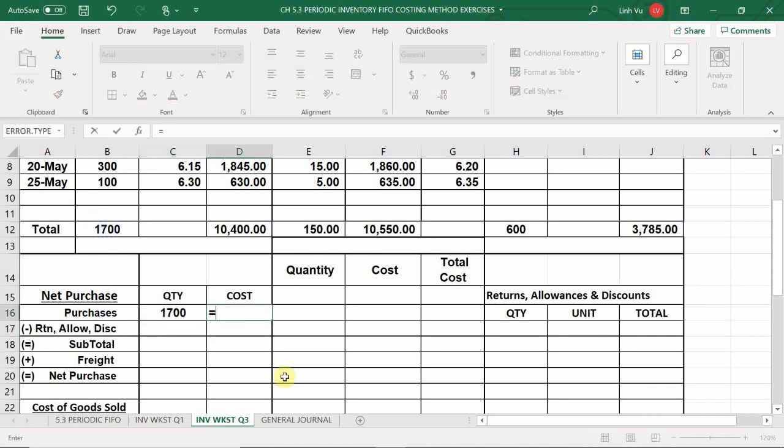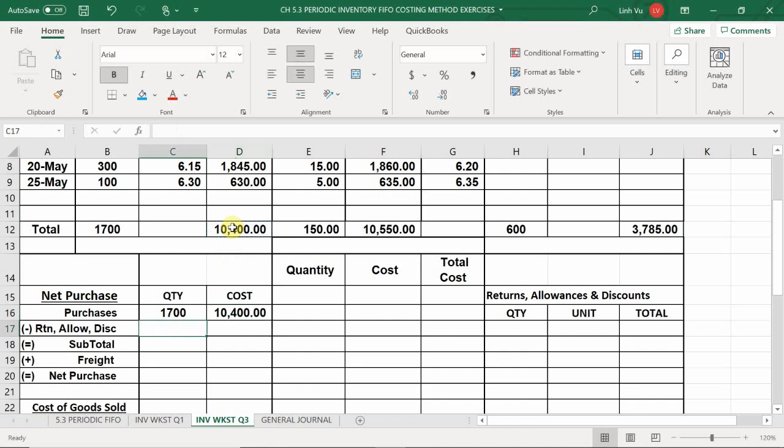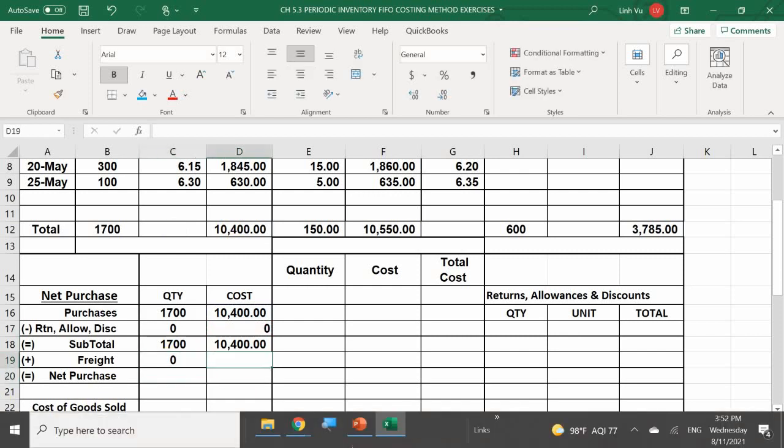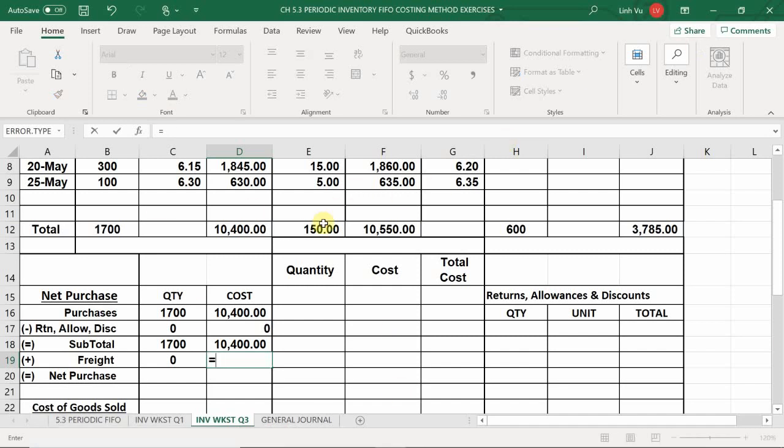The next column I have is beginning balance. Do I have beginning balance in my inventory? Yes. How much in quantity? 600 units. And how much in cost? 3,785. Good. My net purchases I copy from above, 1,700 units for 10,550.